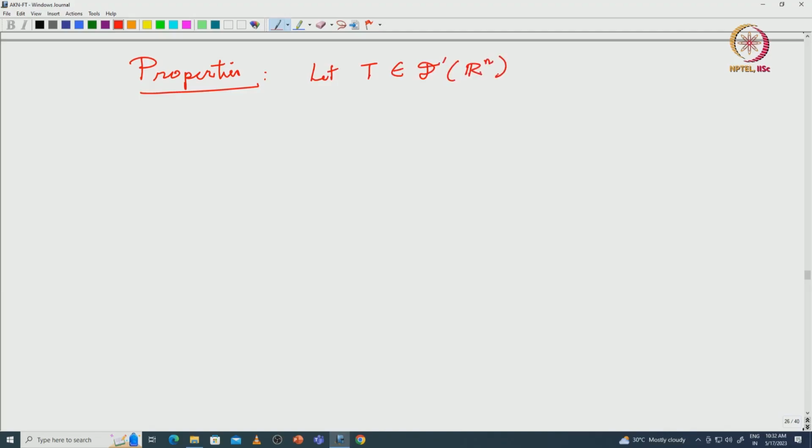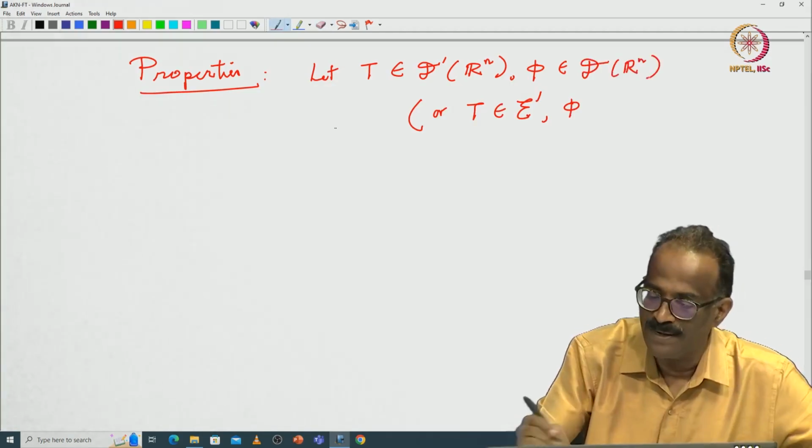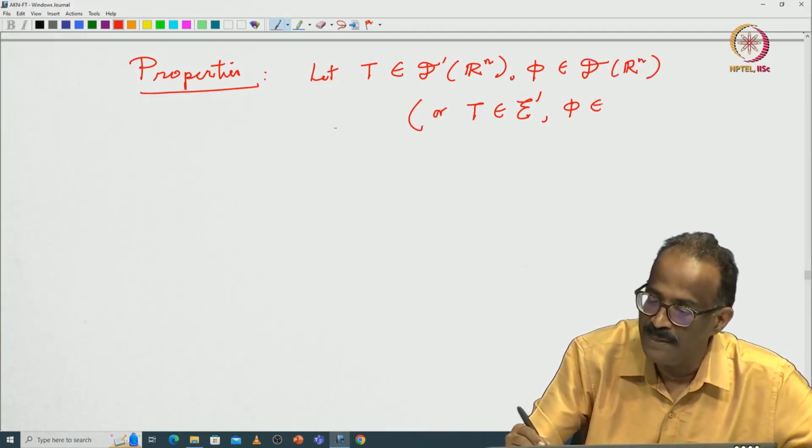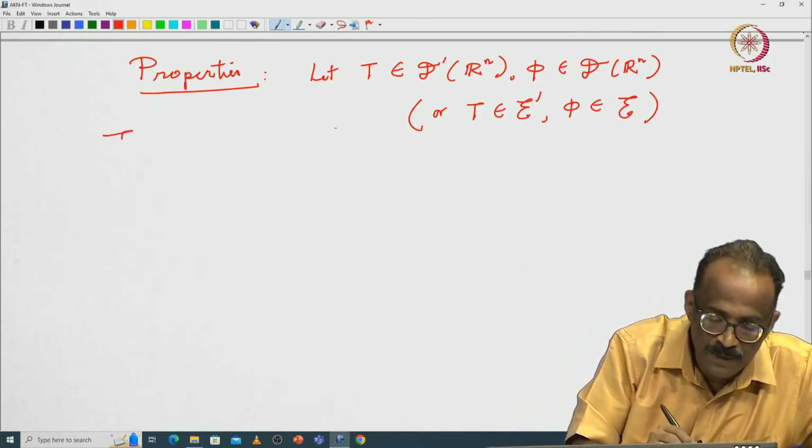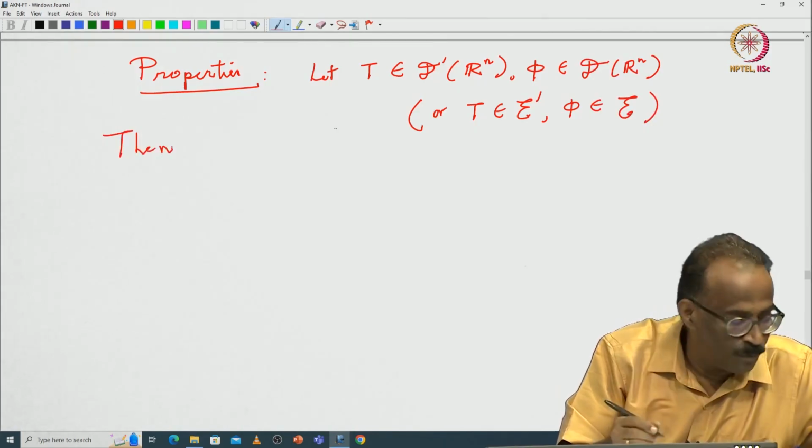You can also equivalently take T to be a distribution with compact support, in E prime, and in that case phi is in C infinity. Any of them. Then you have these standard formulas.